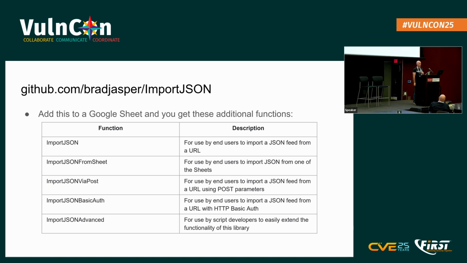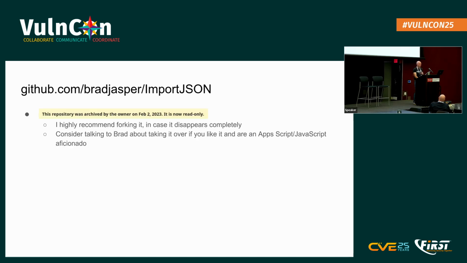It lets you do extra headers and stuff like that, which would come in handy in particular for the NVD if you wanted to feed an API key to it for a better rate limiting situation. But yeah, for my applications today, I've gotten away pretty successfully with just the standard import JSON one.